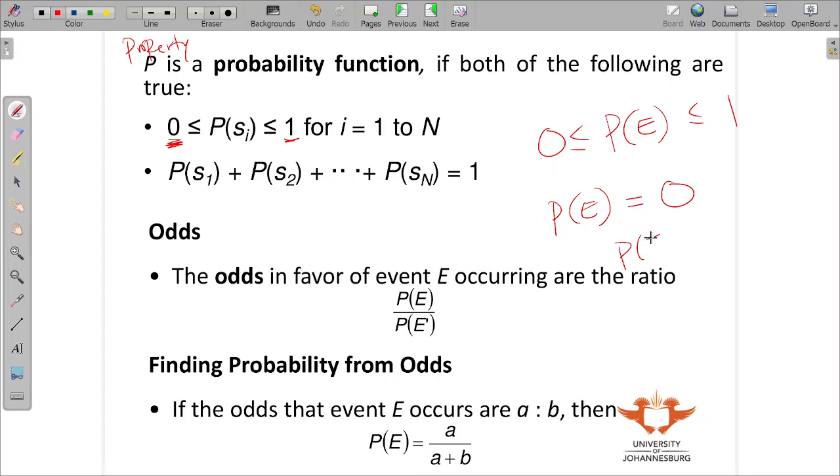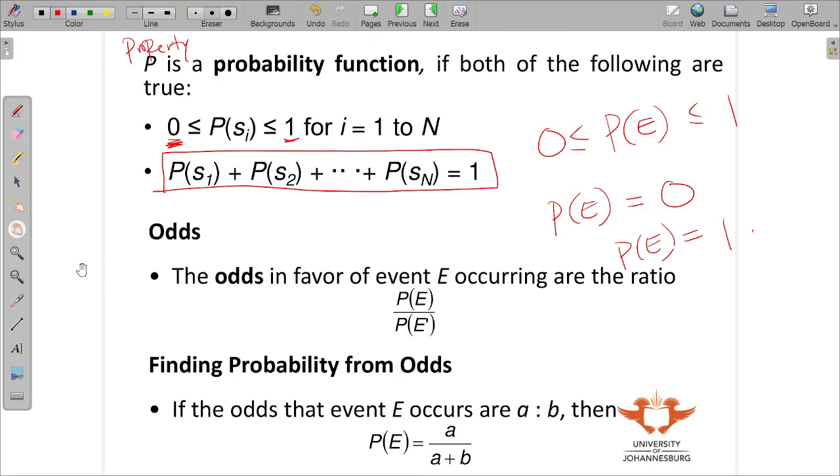If we are certain that the event will occur, then the probability is 1. Please take note of that. And the sum of the probabilities must be equal to 1.